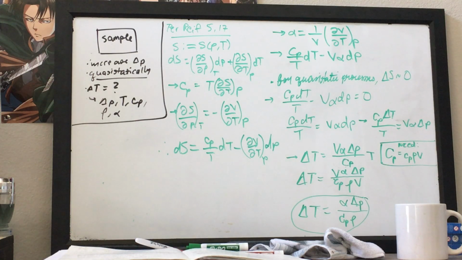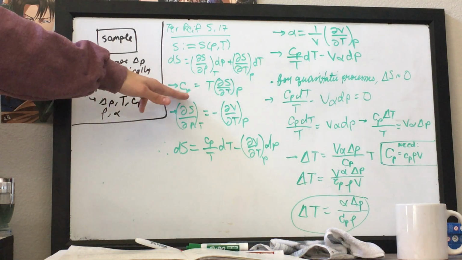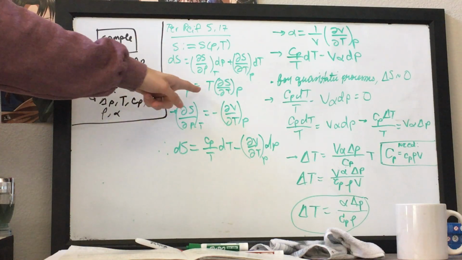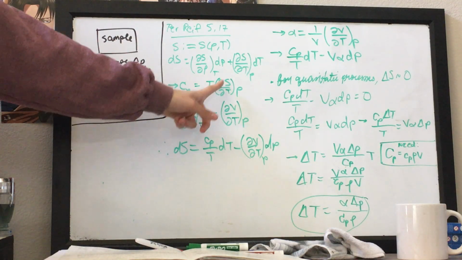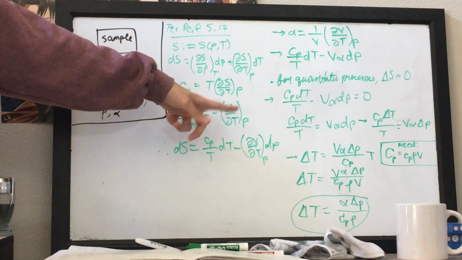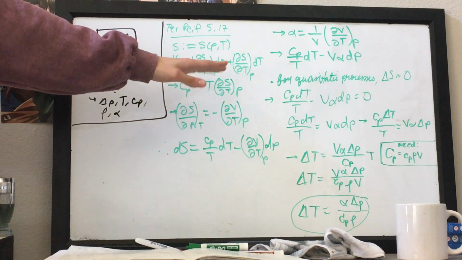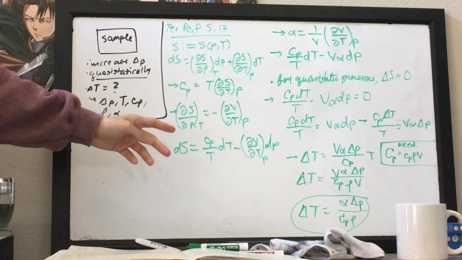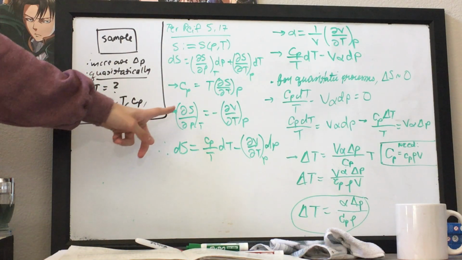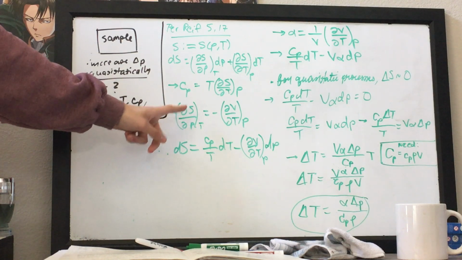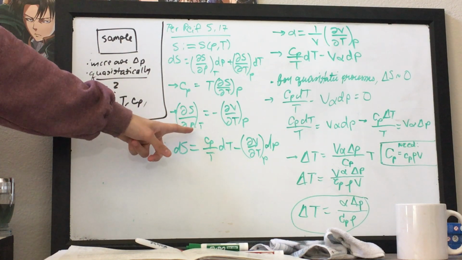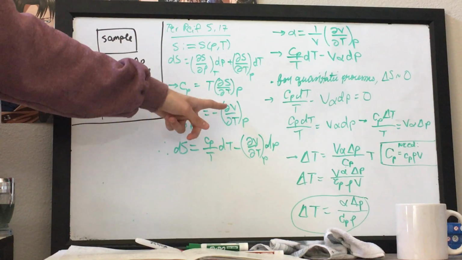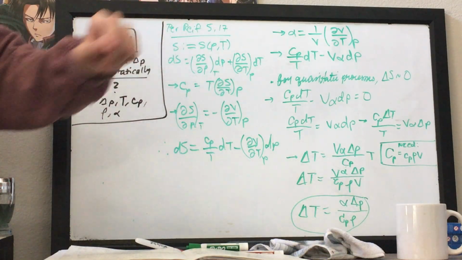Okay, so with that in mind, we can begin to make some substitutions, knowing some quantities that we've already encountered before. Namely, we have our specific heat at constant pressure, Cp, and we know that it's equal to the temperature times the change of entropy with respect to temperature at constant pressure, right? We also know that our change of entropy with respect to pressure at constant temperature is equal to the negative change in volume with respect to temperature at constant pressure as well.